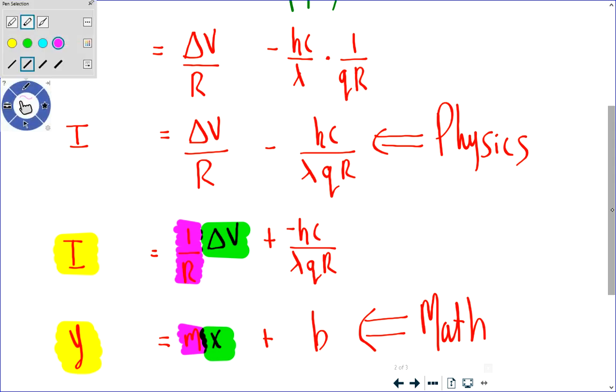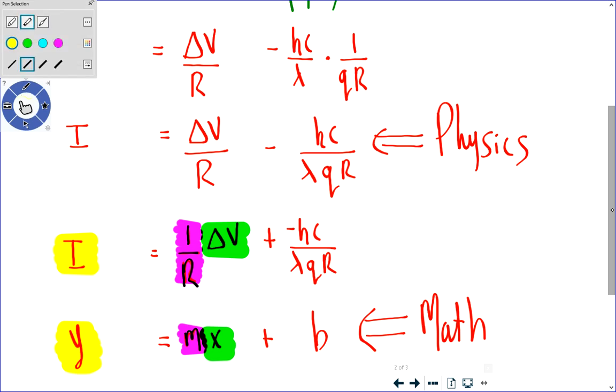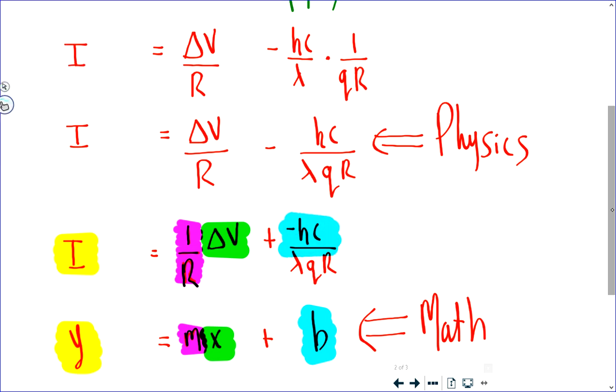Let me change something here to make this a little more visual. This is 1 over r, and this is the slope. Finally, the last thing that we can compare is that the constant added to the variable term in the equation matches up with negative hc over lambda qr.